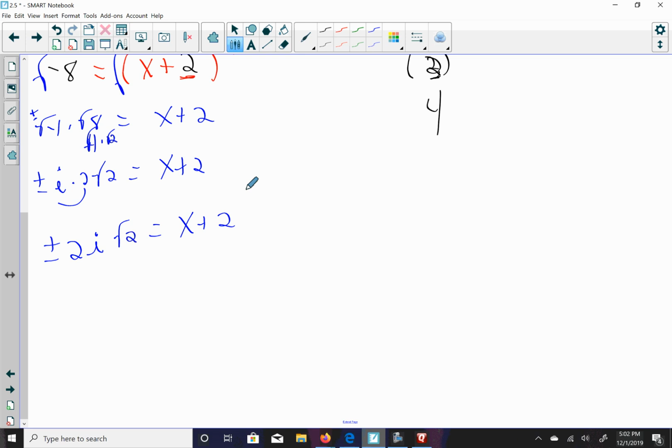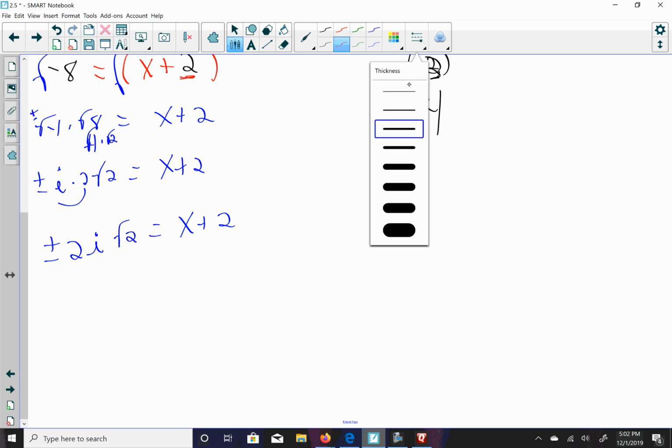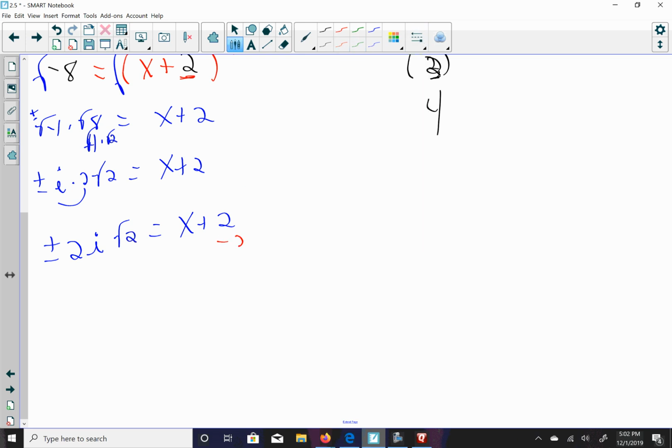So now I'm going to separate it and solve. In order to solve for x, I'm going to have to subtract 2 from both sides. Before I do that, I should have 2i times the square root of 2 is equal to x plus 2, and I should have negative 2i times the square root of 2 is equal to x plus 2.